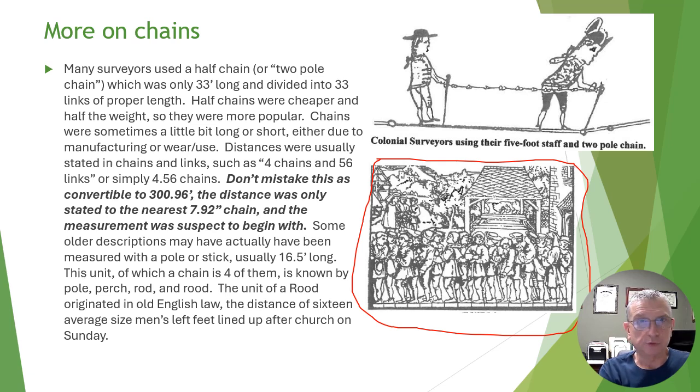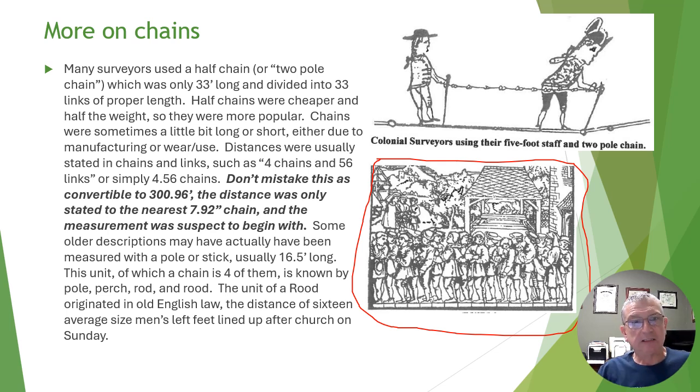And understand that roods and poles and chains and acres came before feet and square feet. It's just coincidental that we wound up making it 43,560 square feet in 1 acre. It's actually, I believe, 10 square chains. So that's how they measured acreage back then.